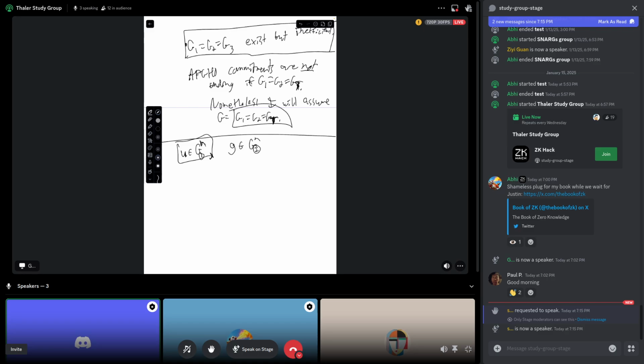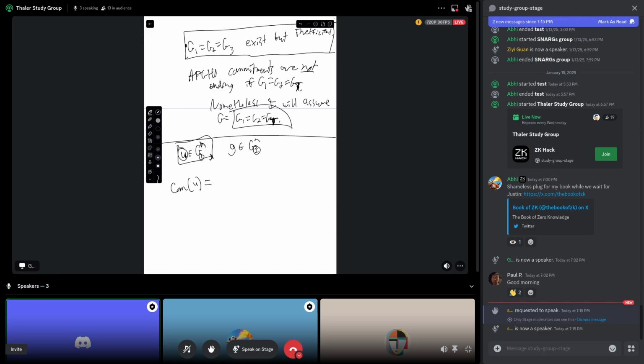And so the AFGHO commitment to the vector of group elements we want to commit to is the following. It's going to look a lot like a Pedersen vector commitment, but different. It has to be different because Pedersen commitments stick the entries of U in exponents, and that only makes sense if the entries of U are field elements, if they're numbers. If they're group elements, then they're not exponents.